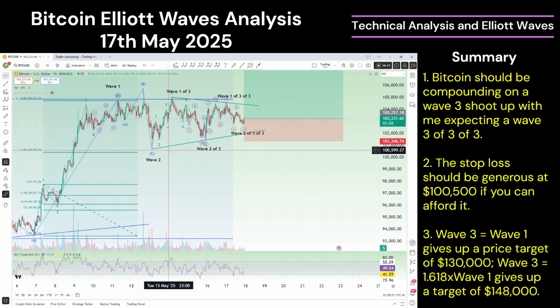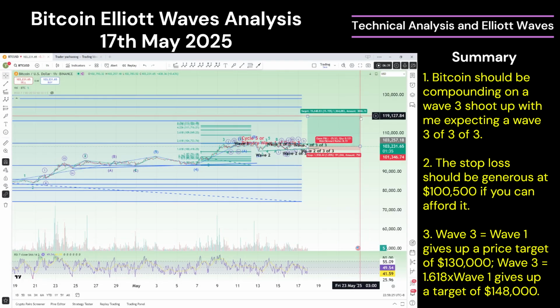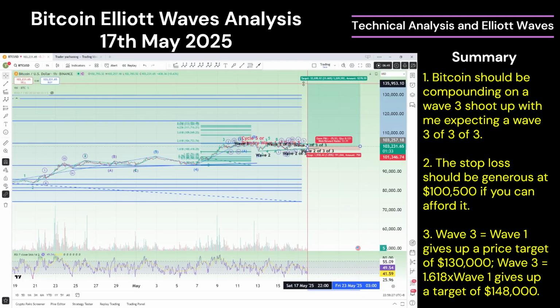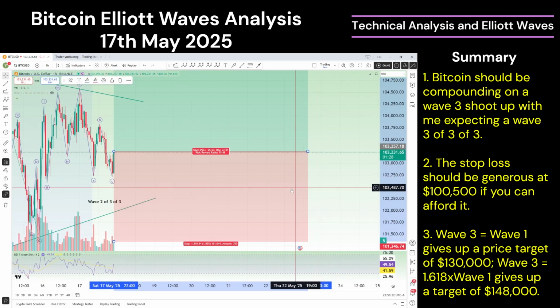So if I use this as the first wave, 30,000 will be 130,000, right? And if you are going to use like 1.618 times, right? What are we looking at? Okay, we are looking at about 148,000. Okay, so I will not really try to draw this all the way up, right? Because in the first place, it does look ridiculous in terms of the risk reward, right? But I believe that it should be one that you can hold.